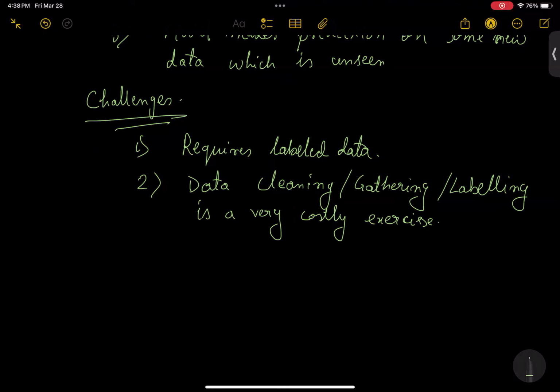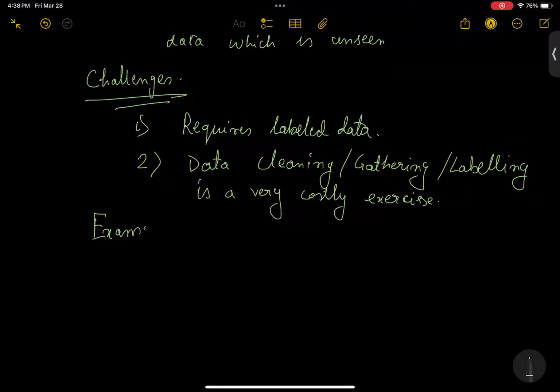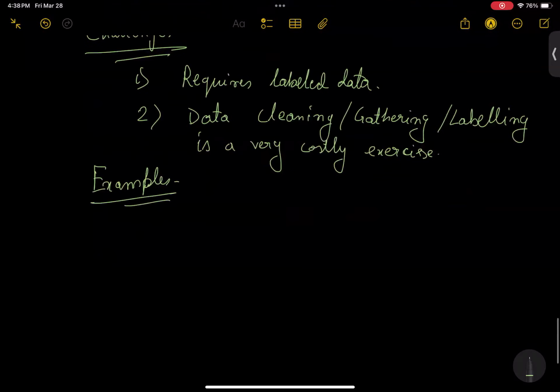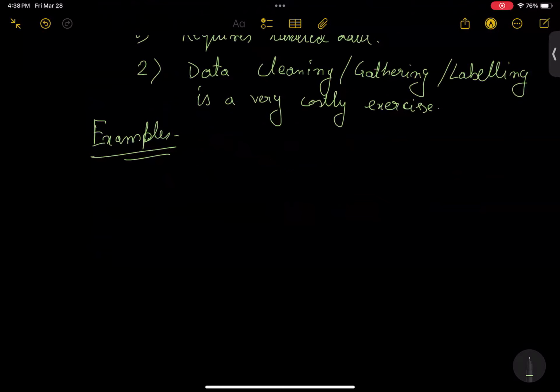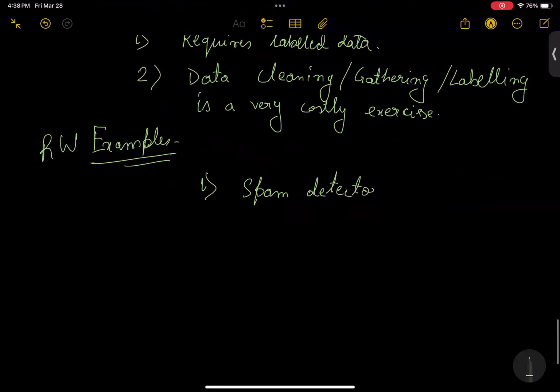Okay. You are clear up till this, correct? Yes, I'm clear. Okay. So what are a few examples of supervised, not algorithm, but what are some real world examples? One real world example can be your spam predictor or spam detector in your email. Very nice example.